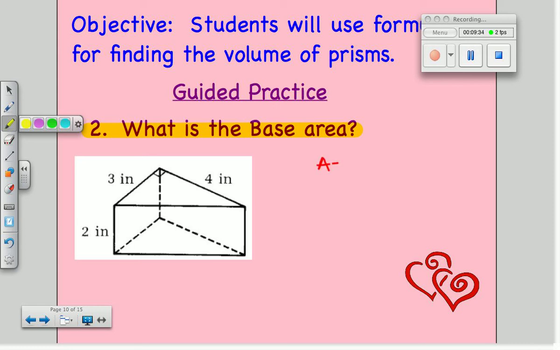Half base times height. Good. Right? Half base times height. So here's my triangle. What's the base?